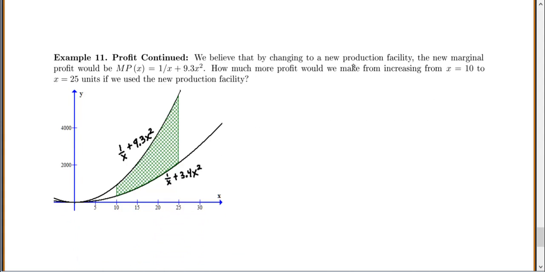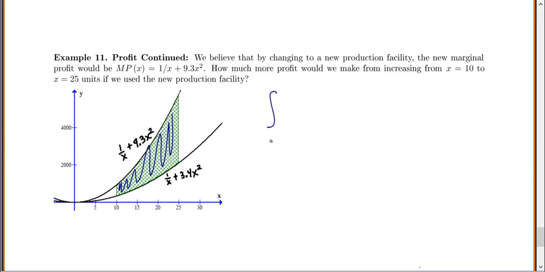Now what if we had another situation where we have two marginal profit curves? Or in this case, we believe that, continuing our example, if we switch to a new production facility, we'll have a new marginal profit, which is 1 over x plus 9.3x squared. And we want to know how much more profit would we make if we increase from 10 to 25 if we use the new production facility. Or we kind of know what's the area between those two curves from 10 to 25. And so again, I would graph it just to see which one's going to be on top. It's going to be the 9.3x squared on top.